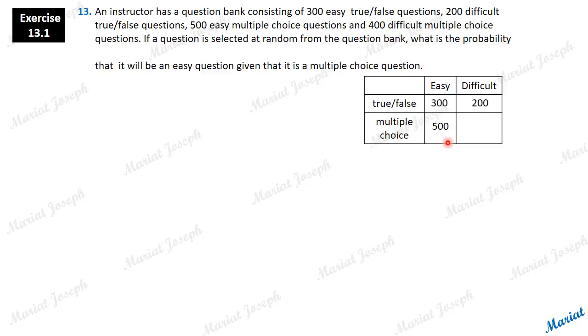Then 500 easy multiple choice questions and 400 difficult multiple choice questions. The total number of questions is 1400.